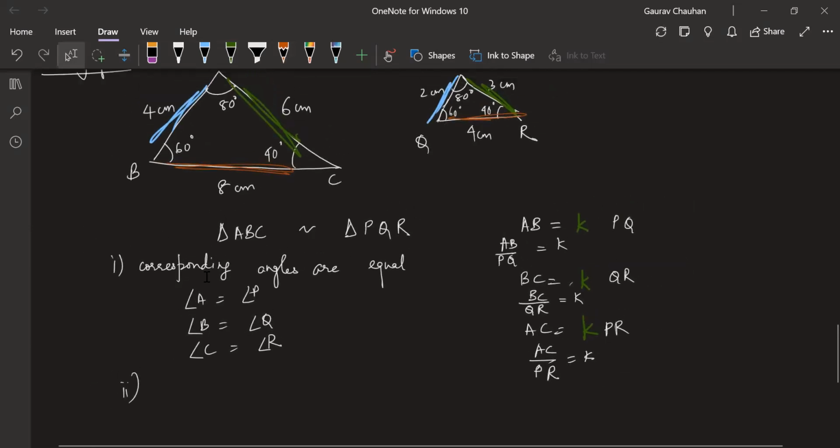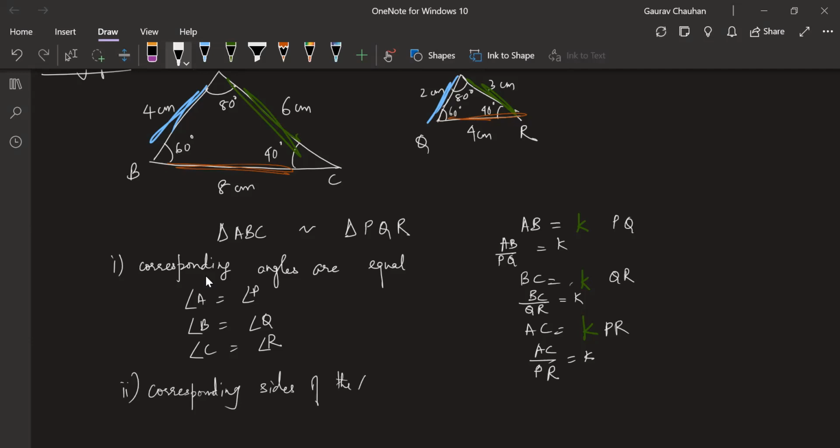It cannot be different. If the 2 triangles are similar, it has to be the same. So the second result which follows if the 2 triangles are similar is that corresponding sides of the triangles are proportional.